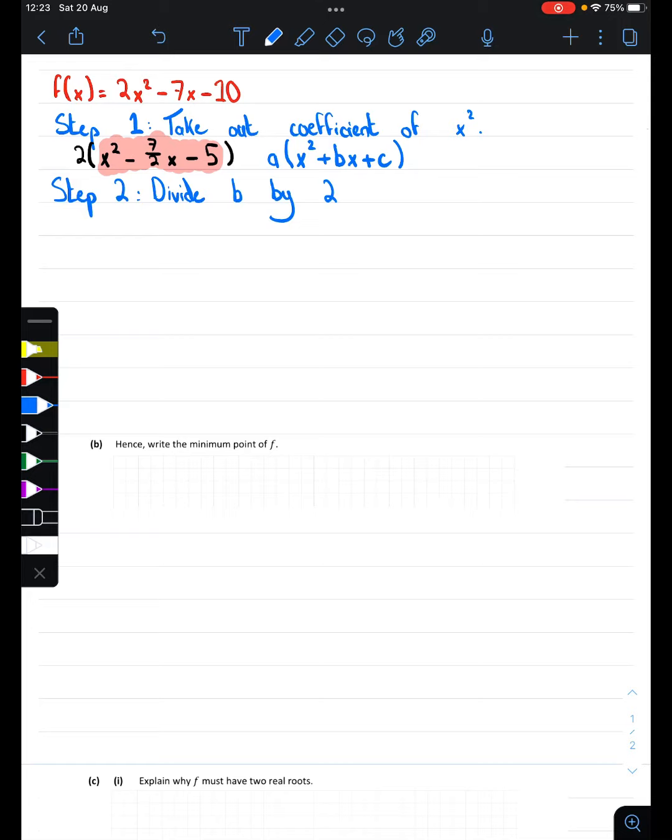Our b at the moment, the coefficient of x inside the bracket, is minus 7 over 2. If we divide that by 2, we'll get minus 7 over 4.